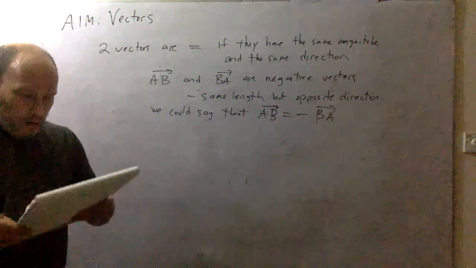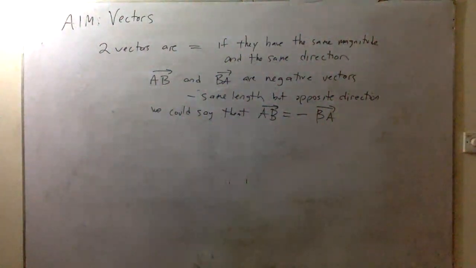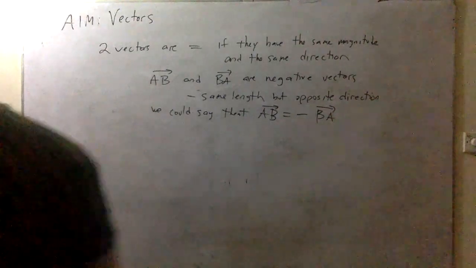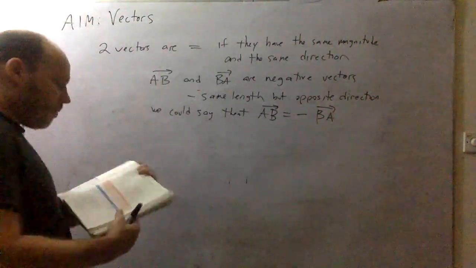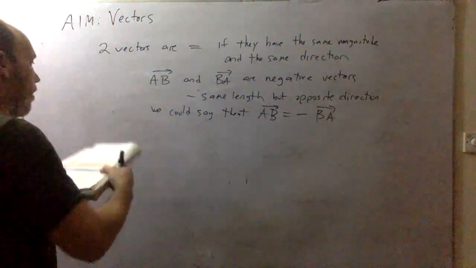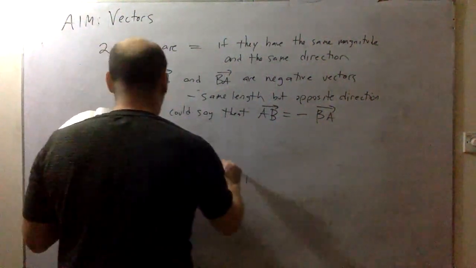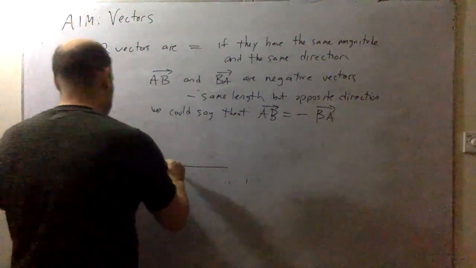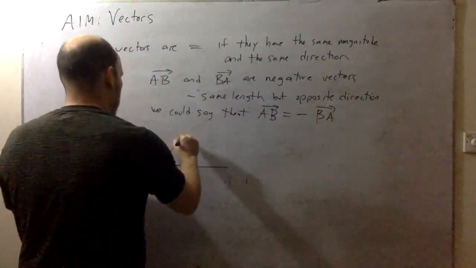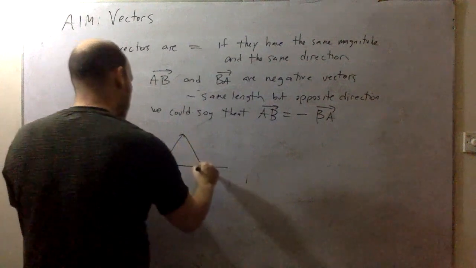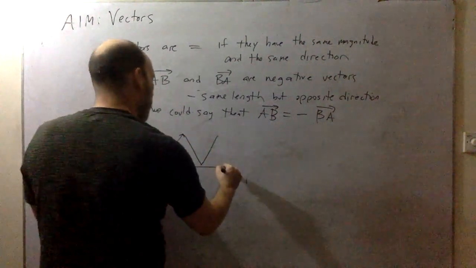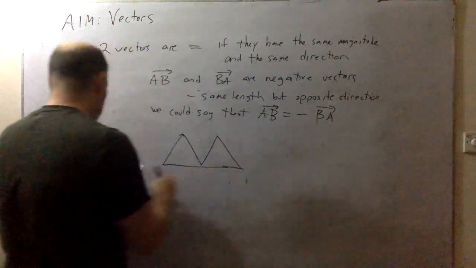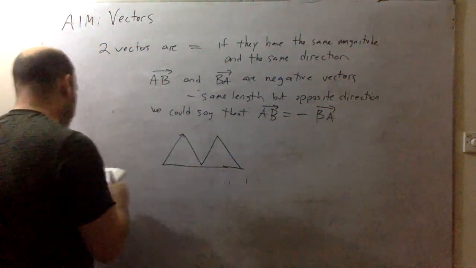Let's look at example 2 in the book. Take a picture of this, please. The idea is we have this diagram with two triangles, AEB and BDC.